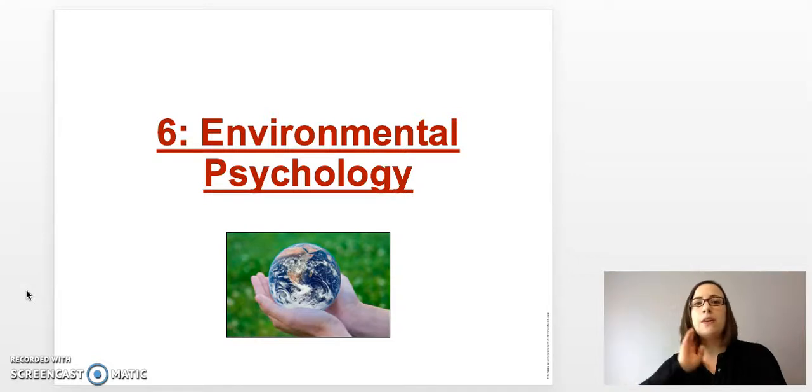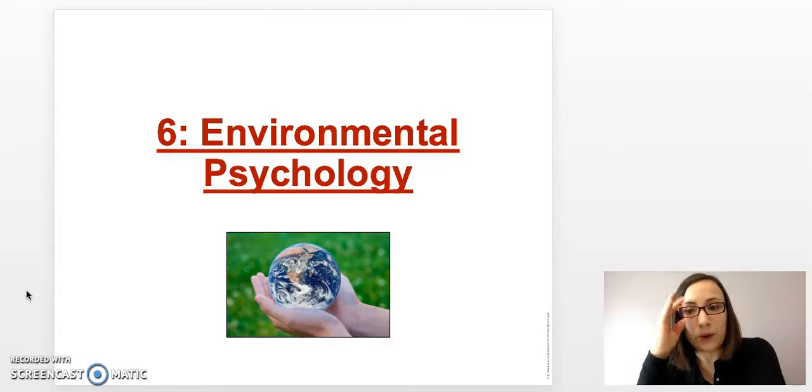The third model that we're going to look at is environmental psychology, and we're going to spend a little bit more time on this approach. So this is a whole other type of psychology that you can take a course in here at Fanshawe College.